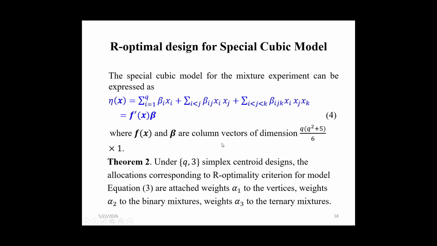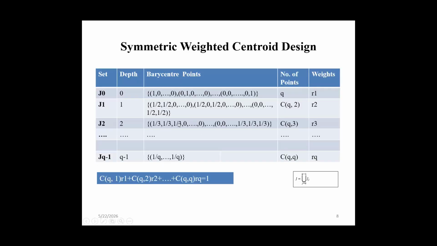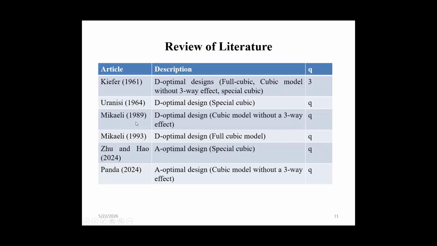With reference to that, we have considered the simplex centroid design, and here it is the Q3 simplex centroid design. That means we only consider the linear, the binary and the ternary points, up to this J0, J1 and J2. We are not going to consider the rest of the centroid points. So it becomes a Q3 simplex centroid design.